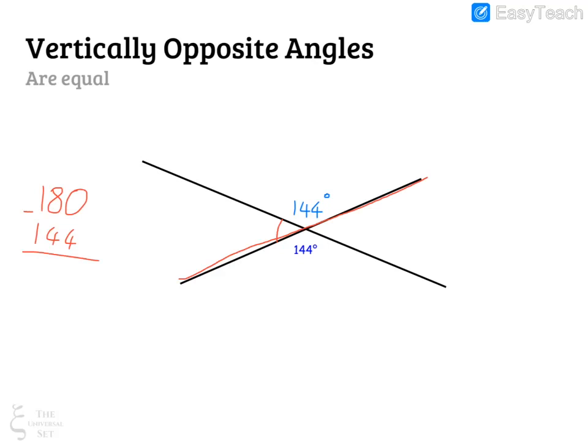So 0 take away 4, I can't do that, so we're going to borrow from over here. 10 take away 4 is 6, 7 take away 4 is 3, 1 take away 1 is nothing. So I've got 36 degrees in that bit, and because we know that vertically opposite angles are equal, this angle is vertically opposite this angle. So that means this one over here has to be 36 degrees as well. Okay, so vertically opposite, these ones are equal, and these ones are equal.